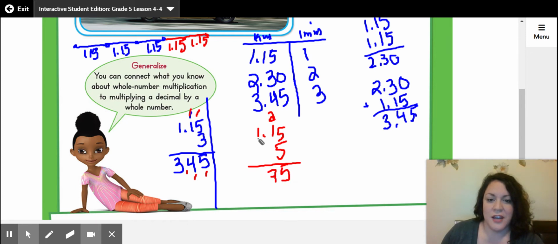And then 5 times 1 is 5. All right. So now we have 575. That can't be right. But remember, we count our decimal, how many numbers are on the right side of the decimal point, and there's 2 here, the 1 and the 5. So there's 2 there, so I count over 1, 2, and I put my decimal. So the answer is 5.75.